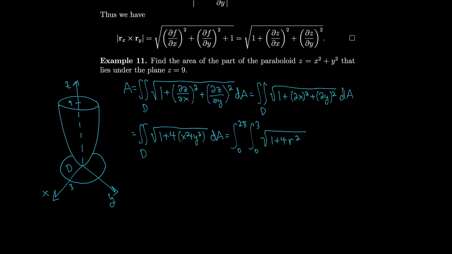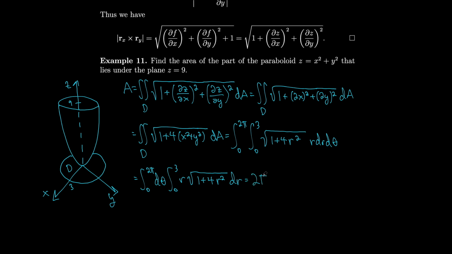And then we have dA is r d theta. So this becomes the integral from 0 to 2 pi of d theta, because we can split it, because we only have r's over here, times the integral from 0 to 3 of r times the square root of 1 plus 4r squared dr.